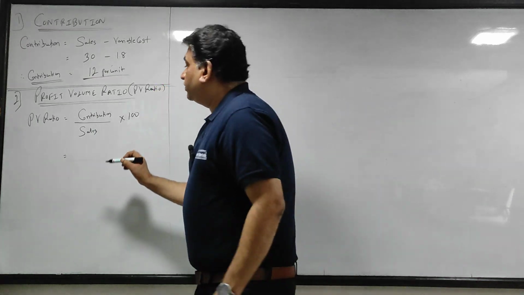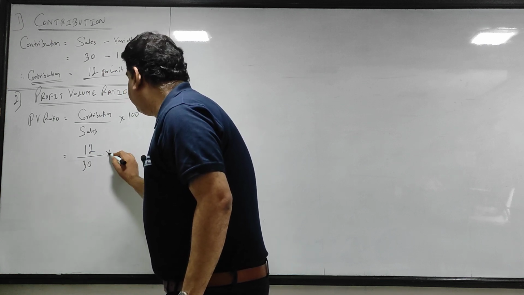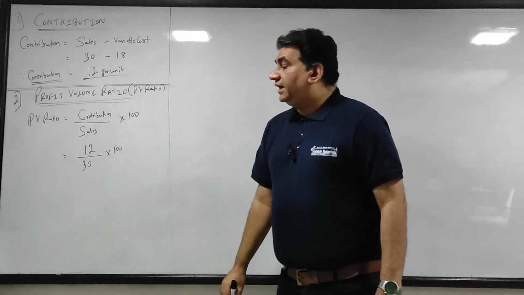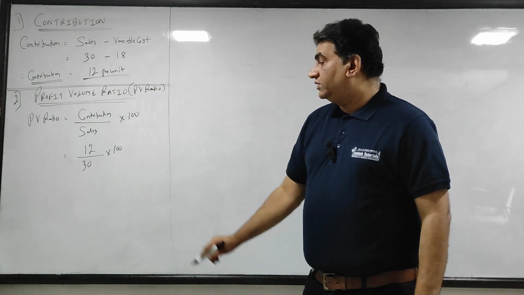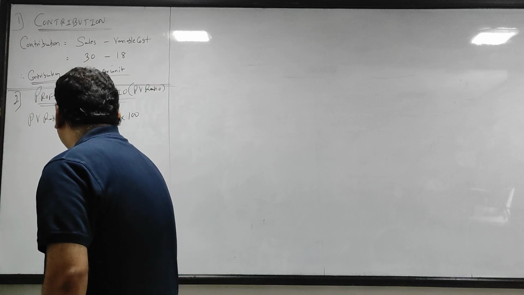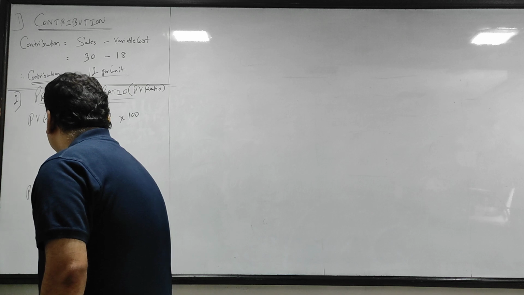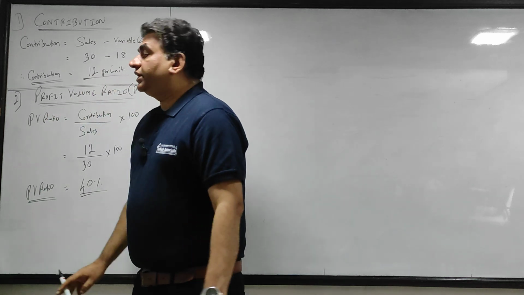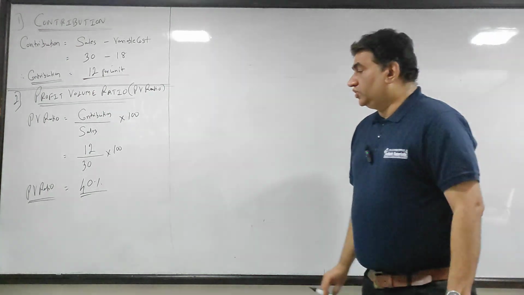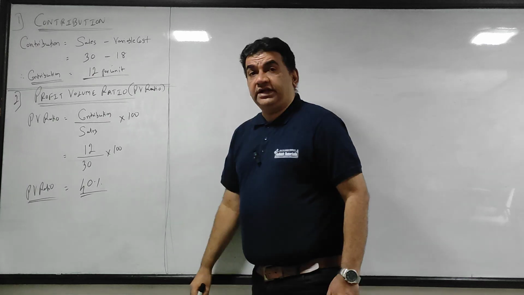So now contribution is 12 and selling price 30. So 12 divided by 30 into 100. 10% of 30 is 3, 4 3s are 12. Therefore my PV ratio, profit volume ratio, is 40%.